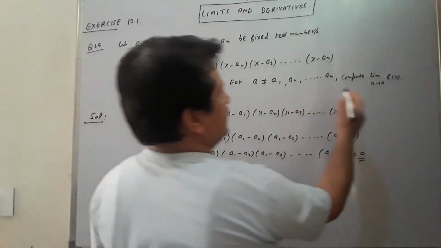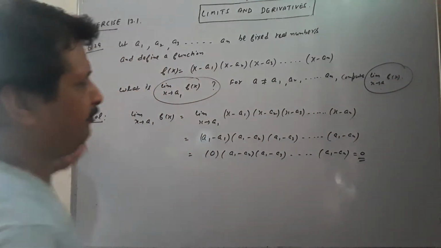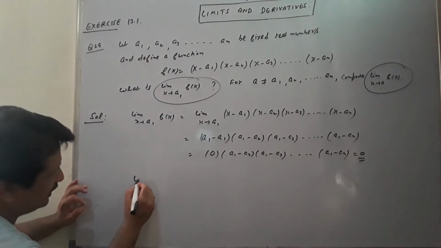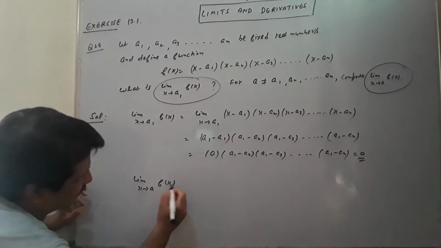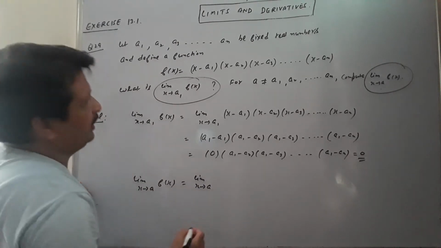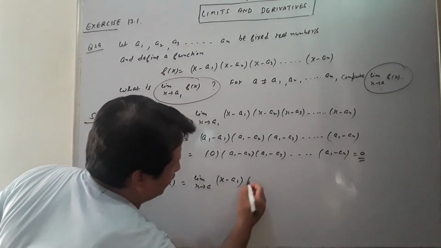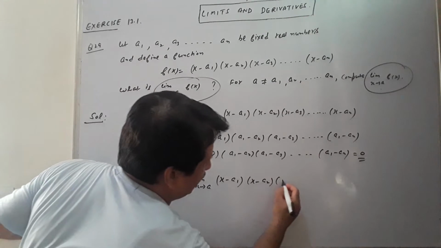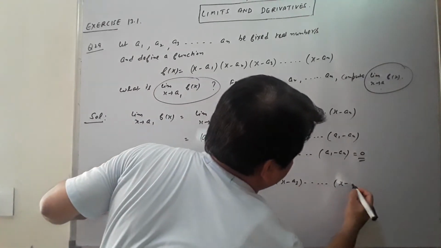Now let us come to the second part. Here we have to compute the limit as x tends to a of f of x. So let us see students, limit x tends to a of f of x, that is limit x tends to a, what is our function? That is (x minus a1)(x minus a2)(x minus a3) and so on up to (x minus an).